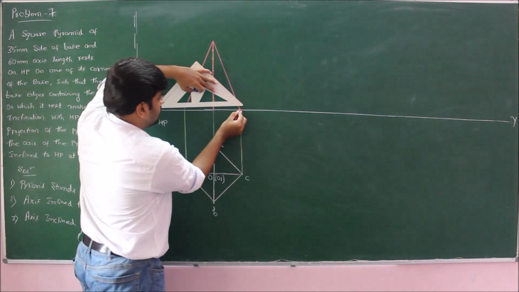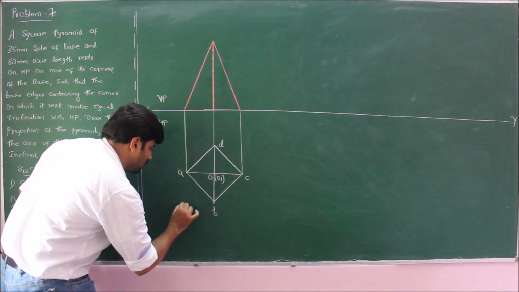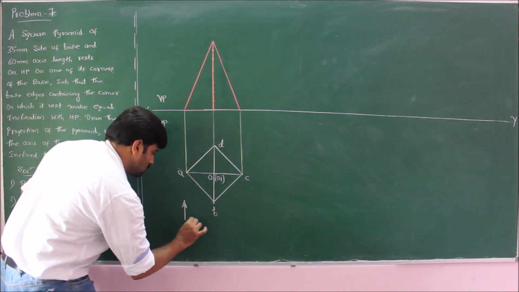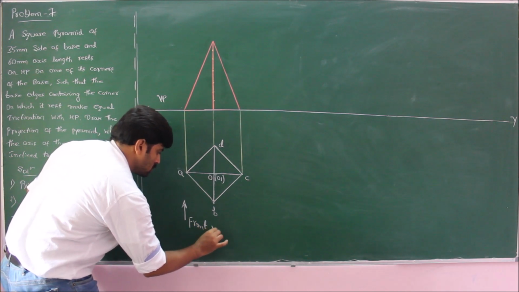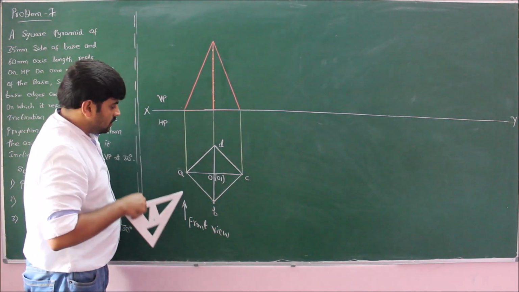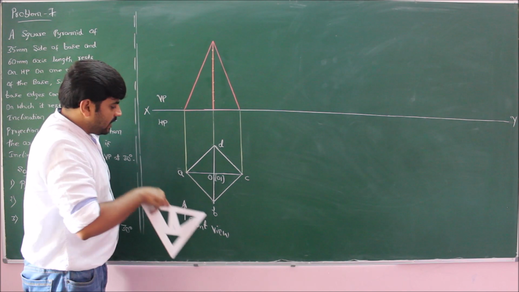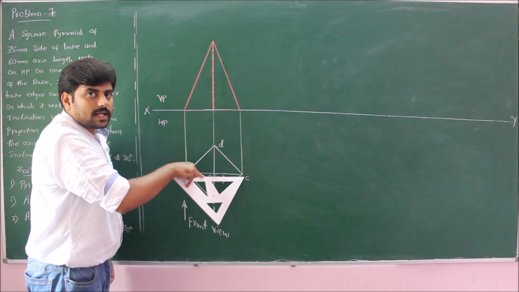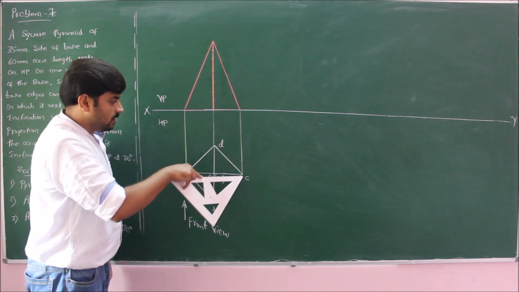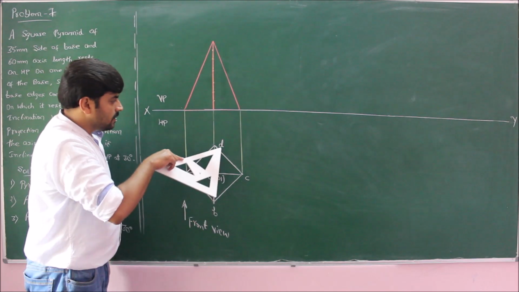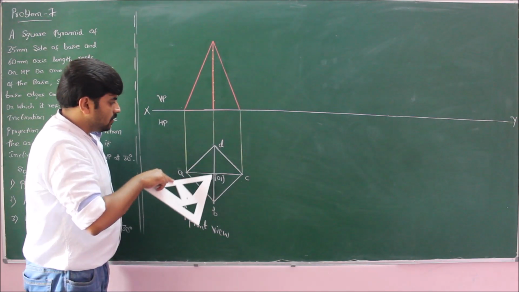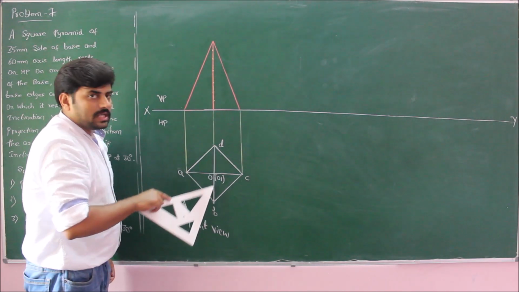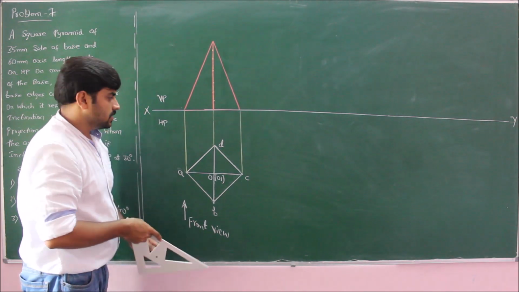Now, join the base. In the front view, observer will be here. To the observer, the corners A, B and C are visible corners, whereas the corners D, O and O1 are invisible corners.